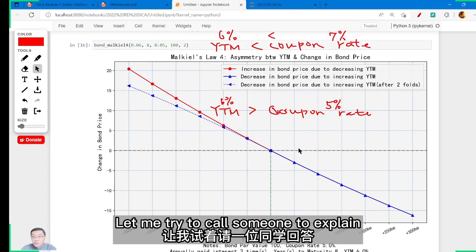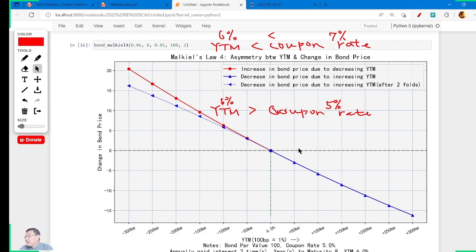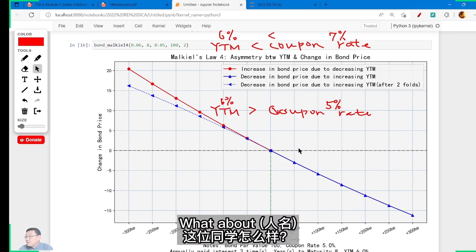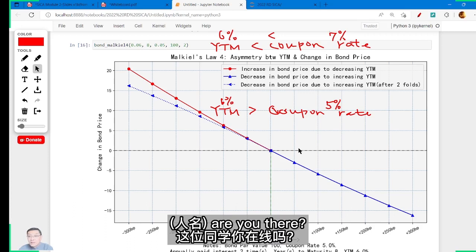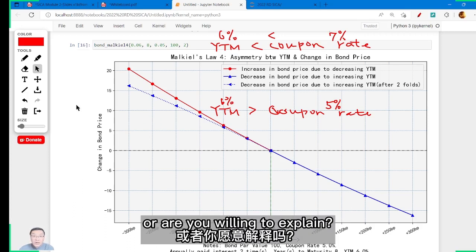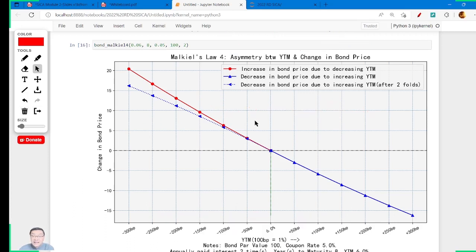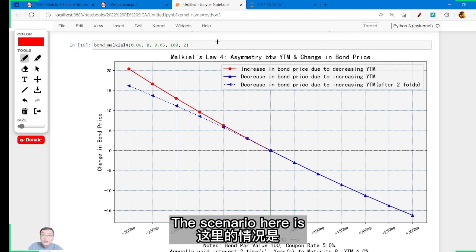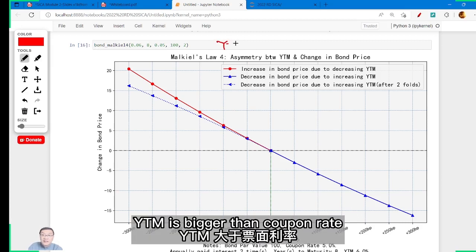Let me try to call someone to explain. What about Feng Mengchu? Mengchu, are you there? Or are you waiting to explain? The scenario here is YTM is bigger than coupon rate.